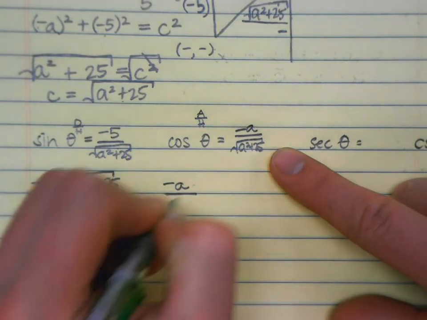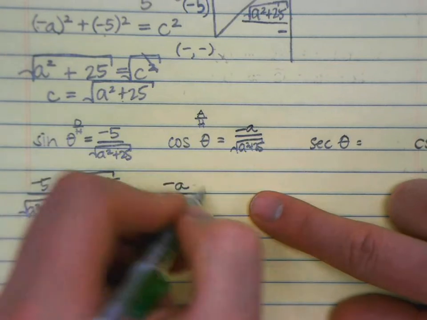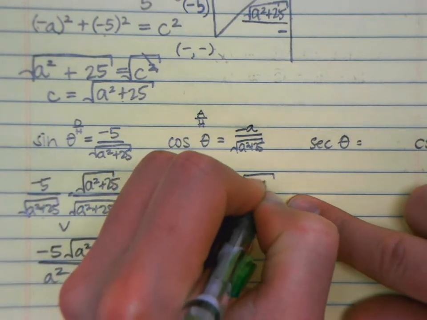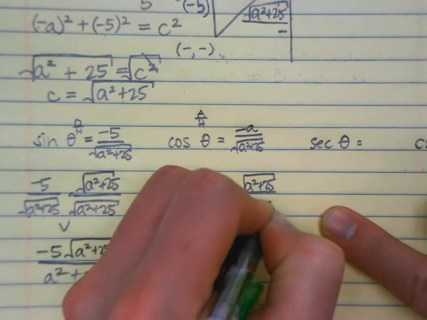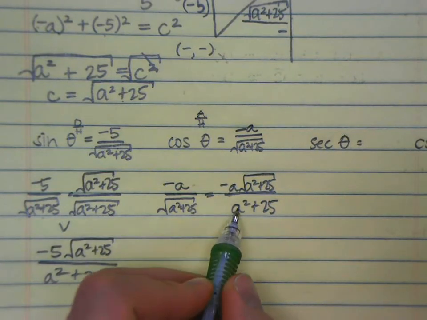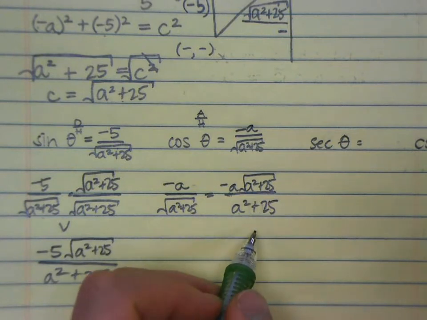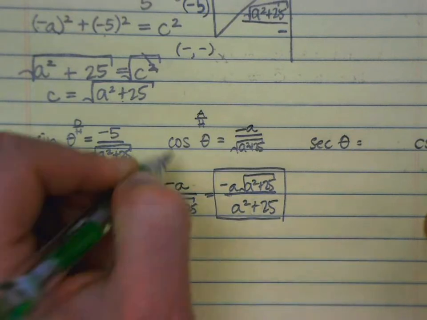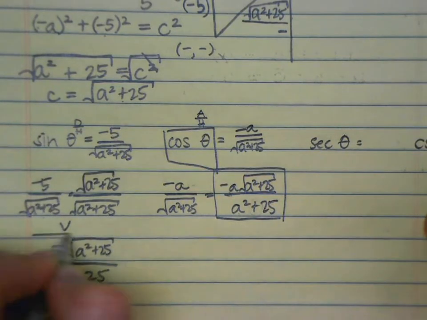So when I follow that, my final answer is actually going to be negative a radical a squared plus 25 all over a squared plus 25. Some people might be tempted to try to simplify here, but resist that temptation because this is an addition expression, and I can't simplify there. So that is cosine. This was sine.